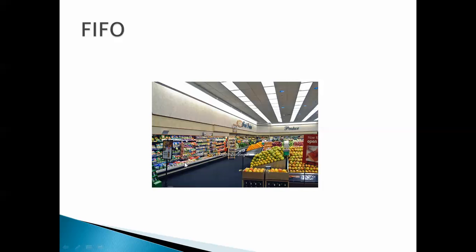But we're going to assume that all customers are good customers and they grab the oldest vegetables. First vegetables in are the first to go out the door. The last ones, back there, are still sitting in our inventory. The first ones out would be the cost of goods sold: first in, first out.